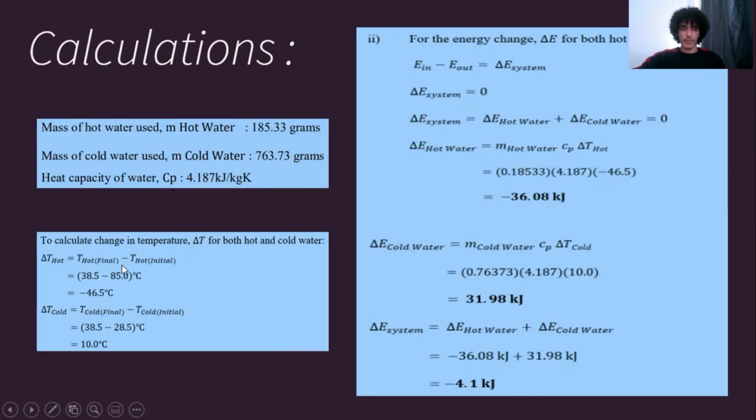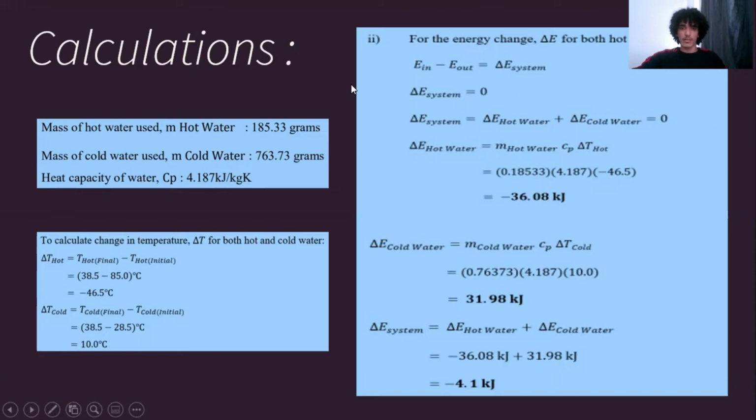As we saw on the graph, the final temperature for both hot and cold water is the same, which is 38.5 Celsius, and the initial temperatures for hot and cold water are given. After we calculate the change in temperature, we apply the energy balance equation on the system.